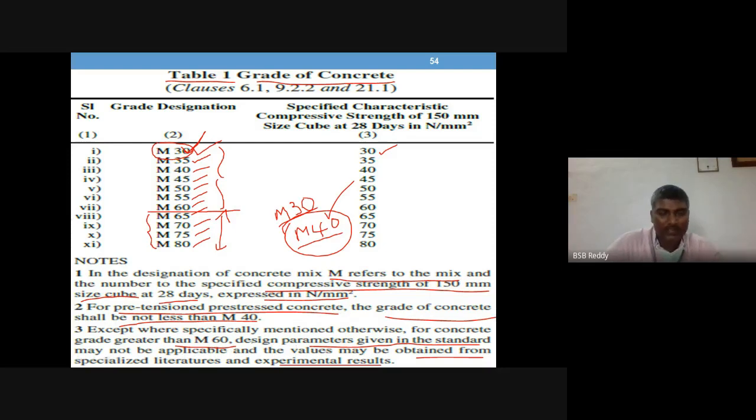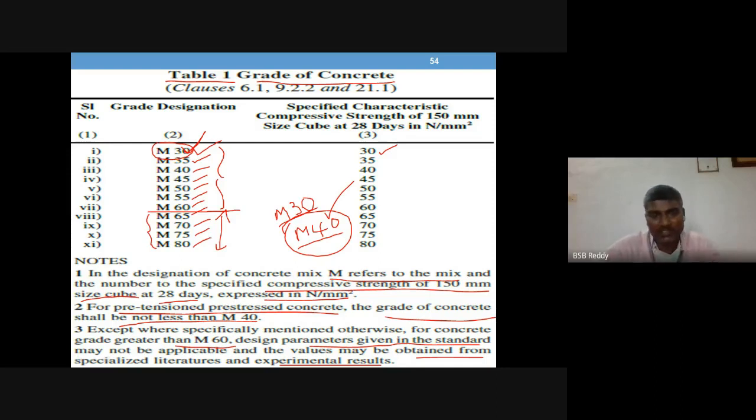So this is the note about Table 1. Table 1 of IS 1343 gives you the complete information about the grades of concrete for pre-stressed concrete members, and also the minimum grade of concrete to be used for the two types of pre-stressed concrete members.